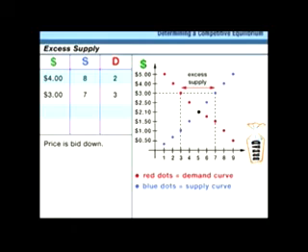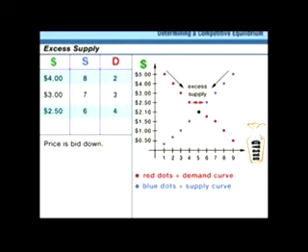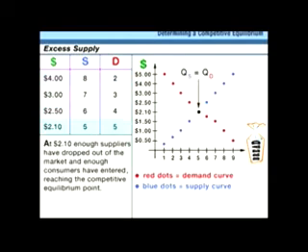Finally, when the price is $2.10 per loaf, the quantity demanded is equal to the quantity supplied, and the excess supply has been eliminated, partly by bringing additional buyers into the market, and partly by reducing some of the oversupply by pushing some of the sellers out of the market, sellers who can't cover their opportunity costs as the price of bread falls.